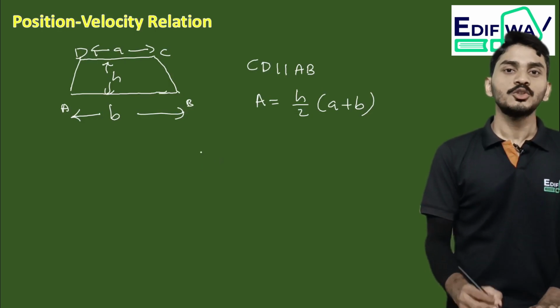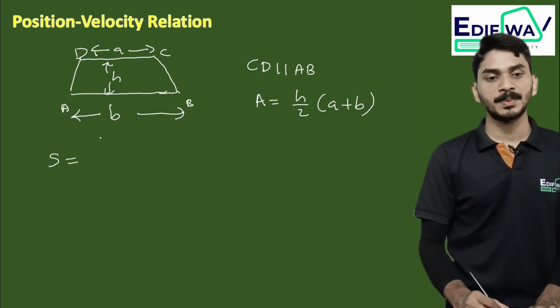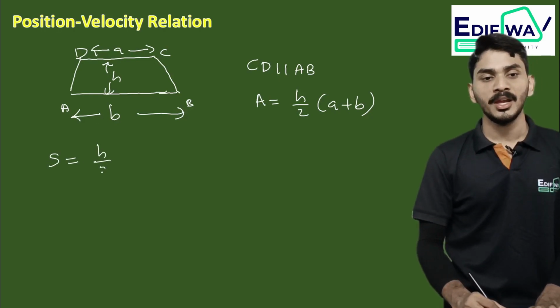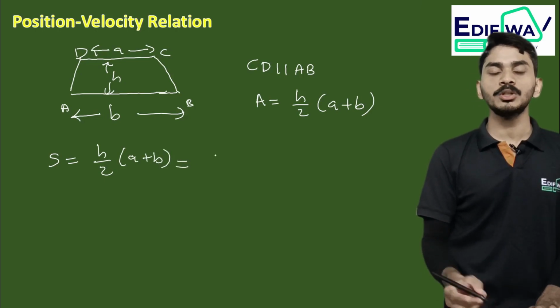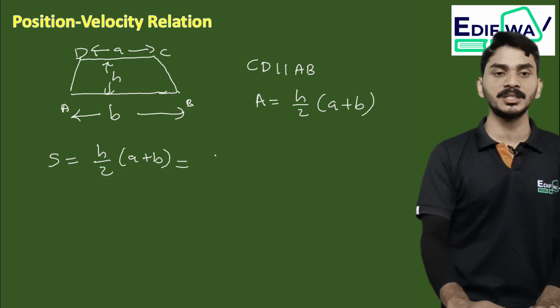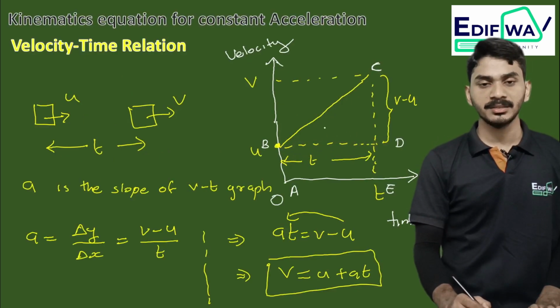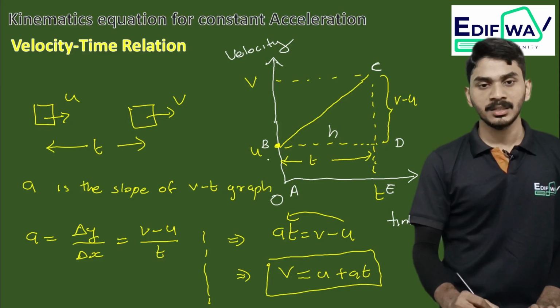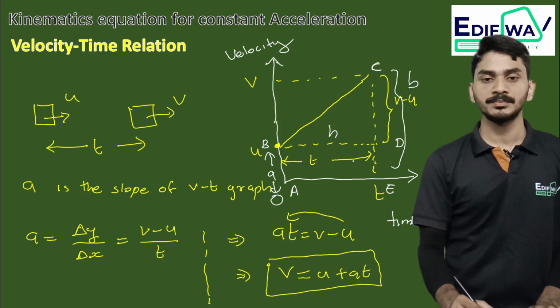Okay, so how to apply this equation to find the displacement here? The displacement can be written as H by 2 into A plus B. And what about the height of that trapezium? Let's find it out. So here you can see the height. This is the height, right? This is A and this could be B. Clear?